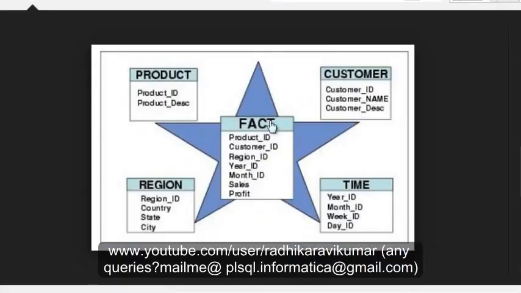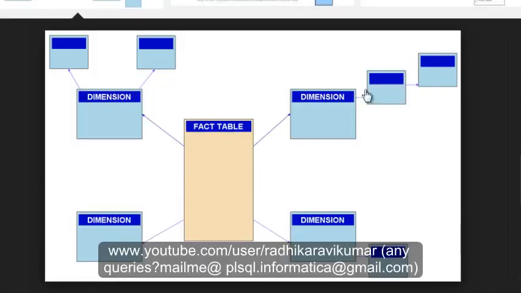Whenever you want to fetch some data from the star schema, it's very simple, so queries will not be very complex, and you can write very simple queries and fetch the data. But coming to snowflake schema, when you want to fetch some data, you need to add some joins and subqueries, and only then can you fetch your data.